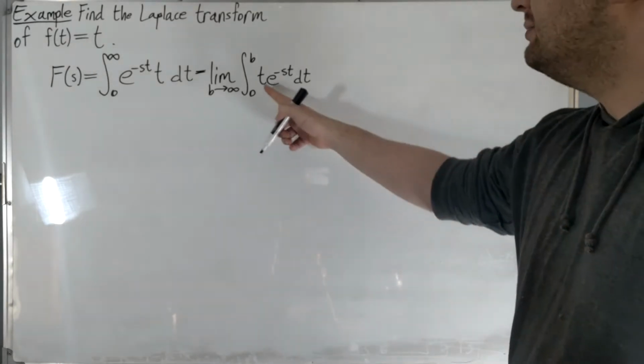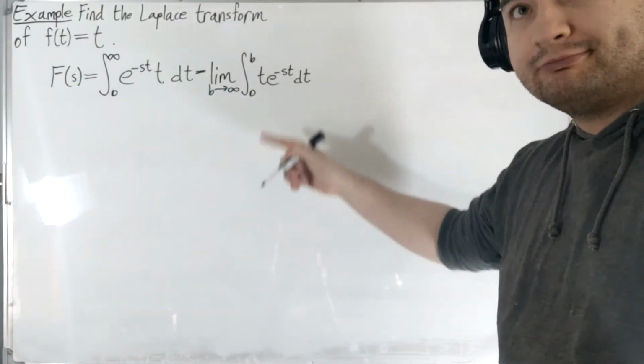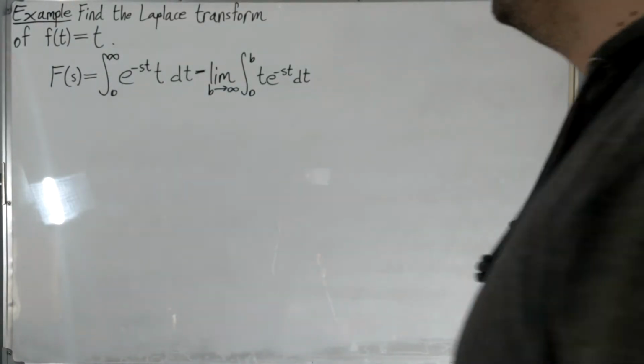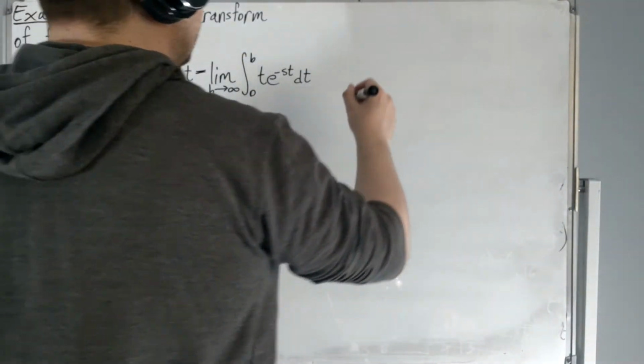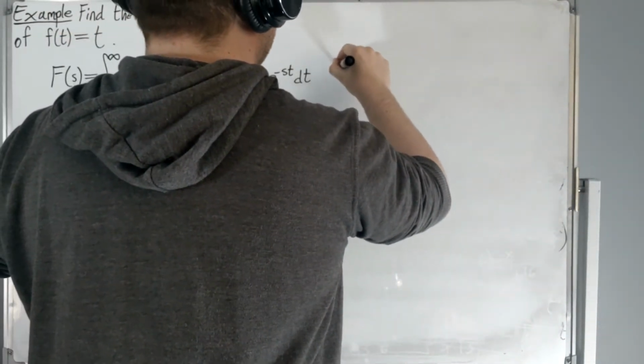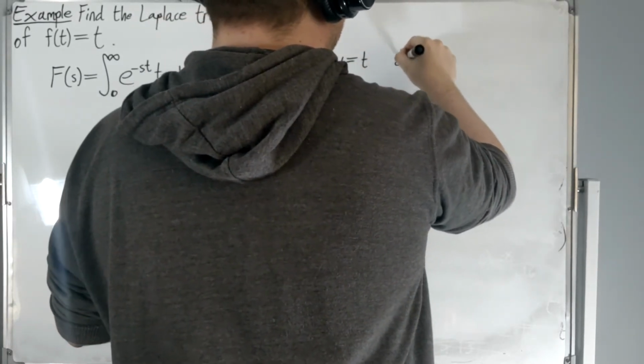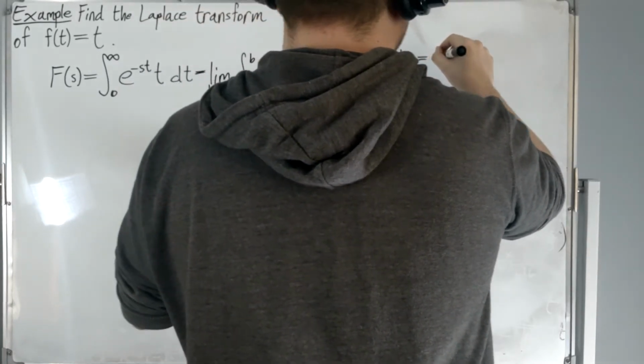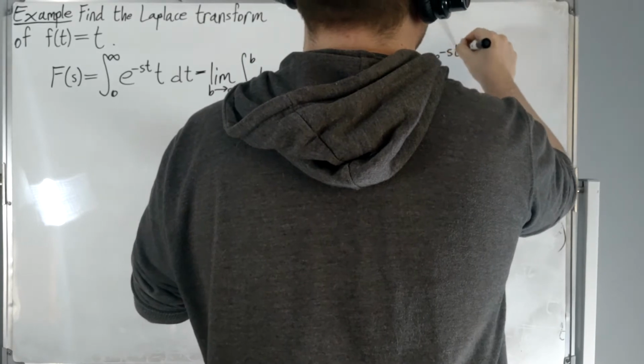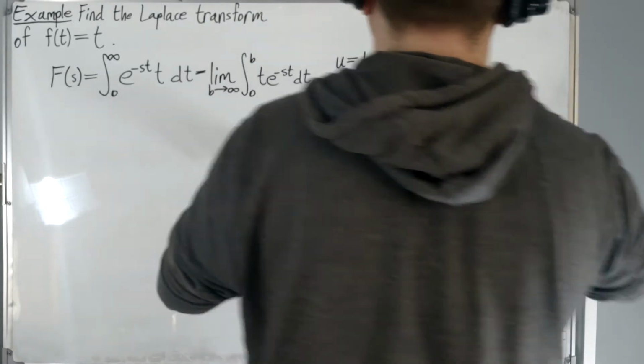You have t times an exponential, right? So what we'll do is integration by parts here with u equals t and dv equals e to the negative st dt.